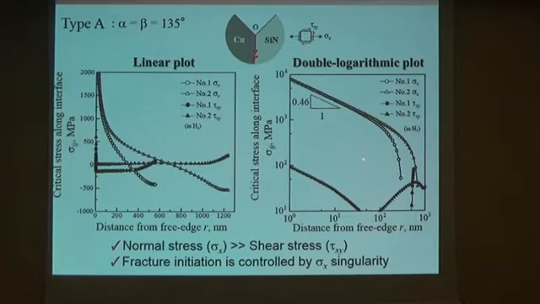As you can see in the double logarithmic plot, elastic singularity can be shown in both stress components. Here, the white marks are the normal stress, normal to the interface, and the black plots are shear stresses parallel to the interface.